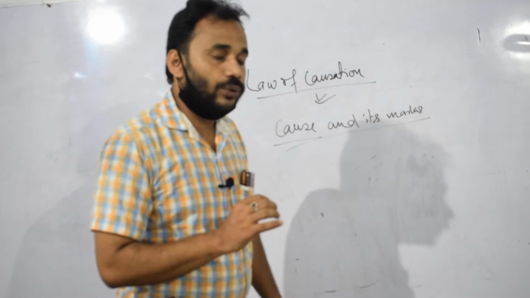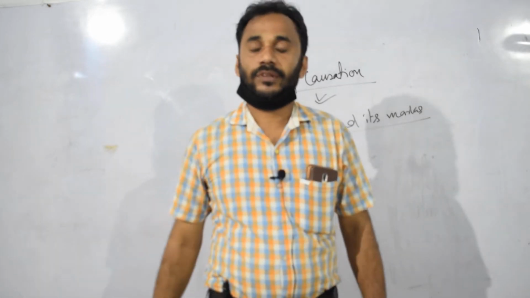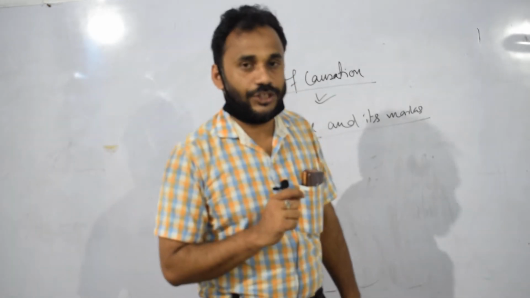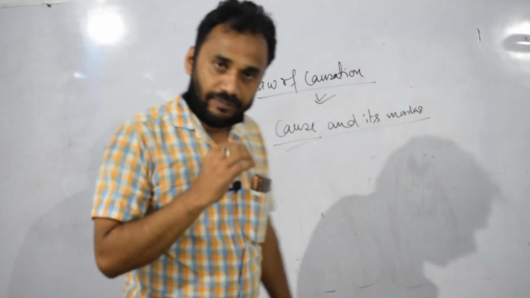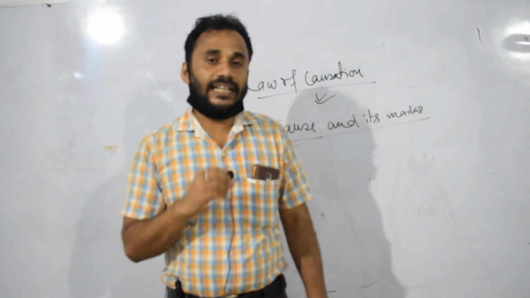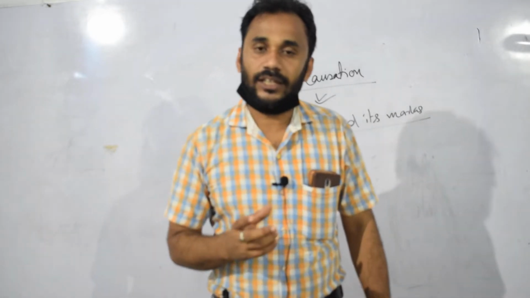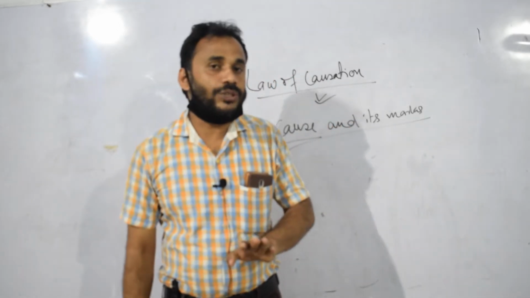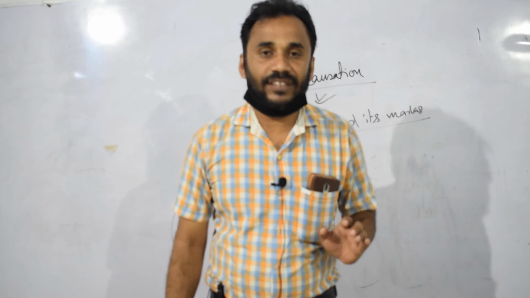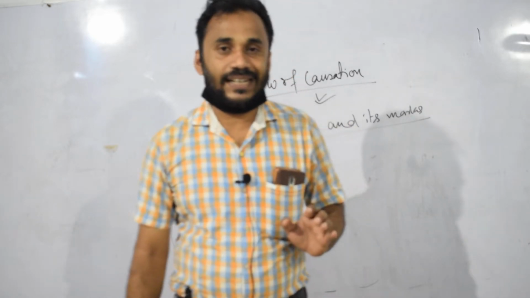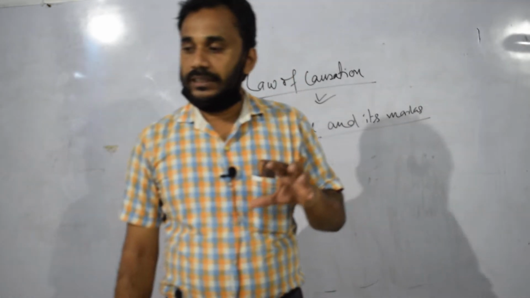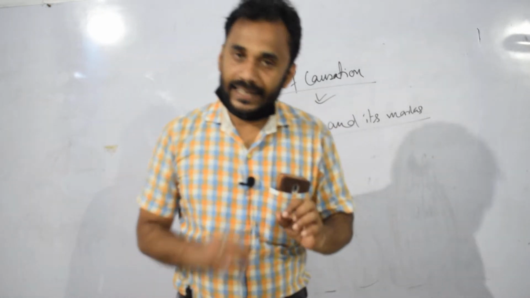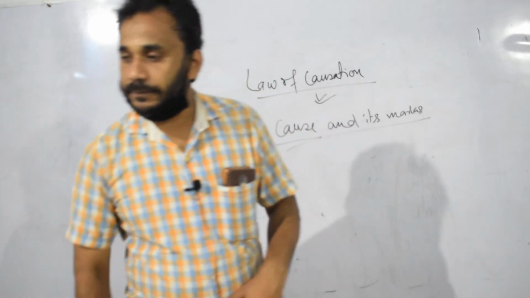So according to the first definition by J.S. Mill, the cause is the invariable unconditional antecedent of the effect. Again, according to J.S. Mill, the second definition is that the cause is the sum total of the conditions, positive and negative together.